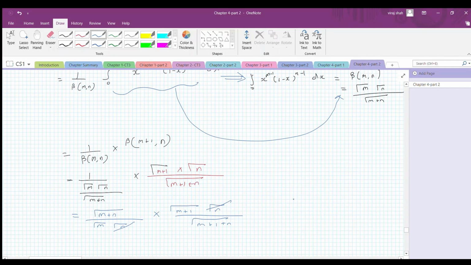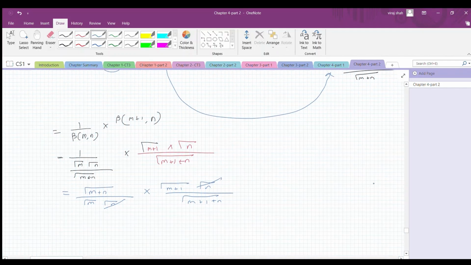Okay, what is gamma of a? It is nothing but a minus 1 factorial. So let me write that in that format now. In the next step, I can write this as nothing but m plus n minus 1 factorial. Similarly, I can write this as m minus 1 factorial.